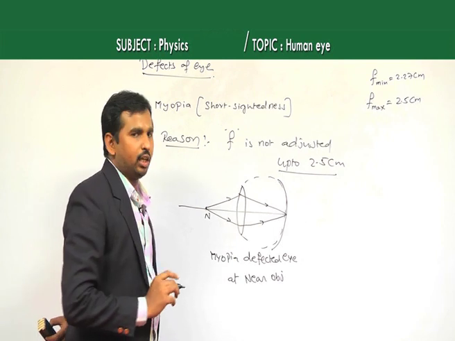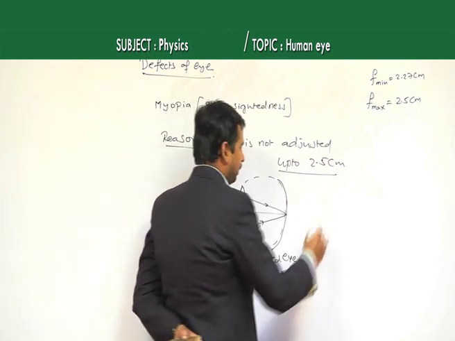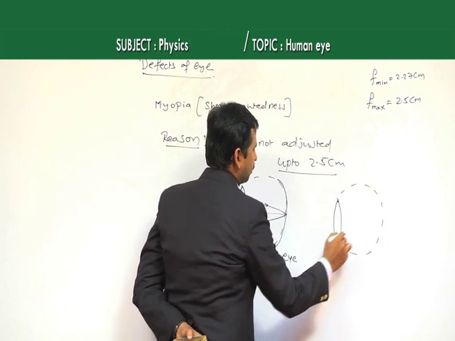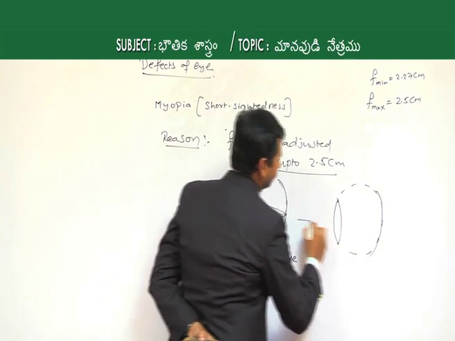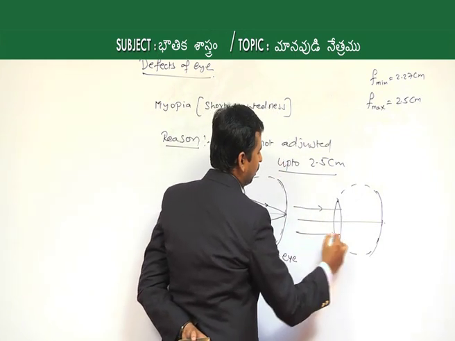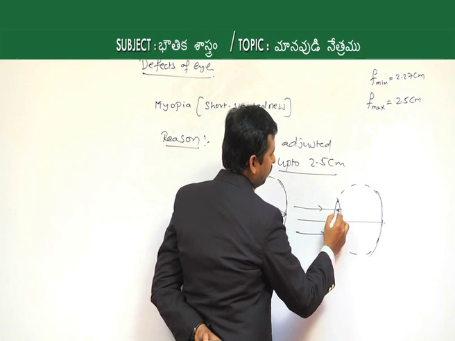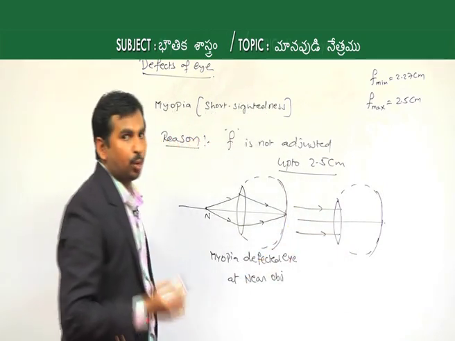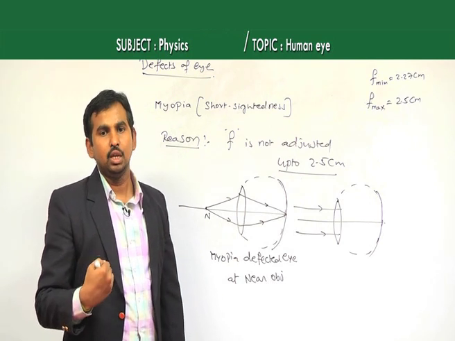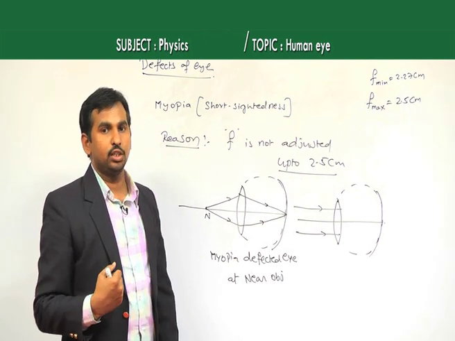Now I am taking the object at far distance. Then the light rays are coming parallel to each other, and as the focal length is not adjusting up to 2.5, it is always less than 2.5 only. So that is why the convergent point changes here.